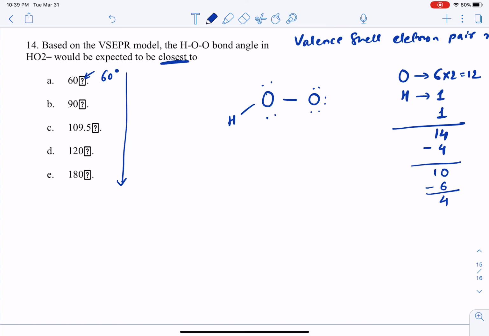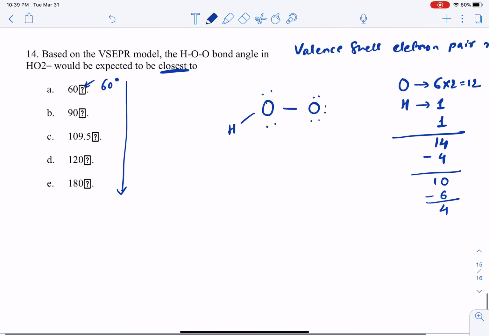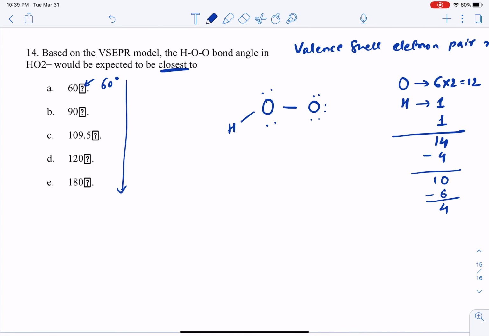Now check, sorry, I was drinking water. But now check, do we have a formation of octet? You see the central oxygen? Yes, it does. Plus you can see there's a formal charge on this oxygen because it has 7 electrons, so that's where the formal charge of minus 1 is coming from.